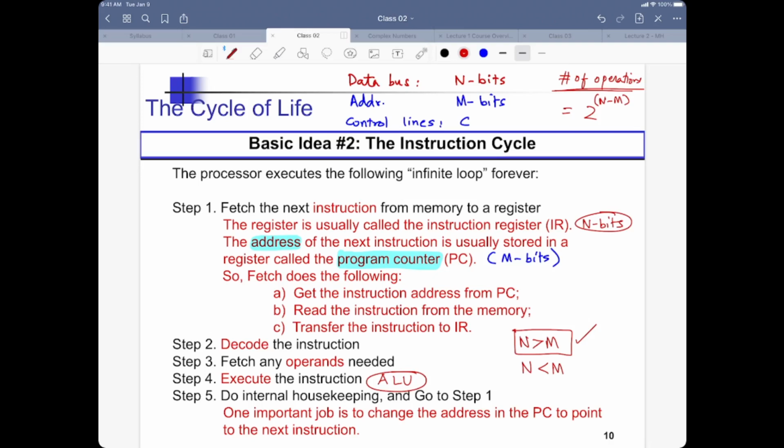Now there is a point of confusion here. I want to make sure that you guys get that. When I say PC equals PC plus 1, I'm assuming that 1 is the size of each instruction, right? So in some instruction set architectures, in some ISAs, that might be 32 bits. So 4 bytes, right?